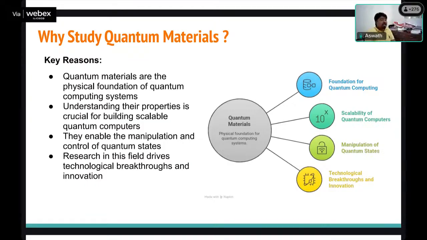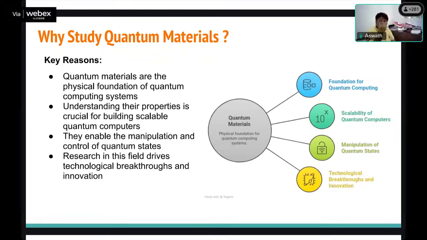And the last reason is that research in the field drives technological breakthroughs and innovation. If you go in depth in research on quantum materials and understand them, then you can come up with new materials and new quantum hardware.